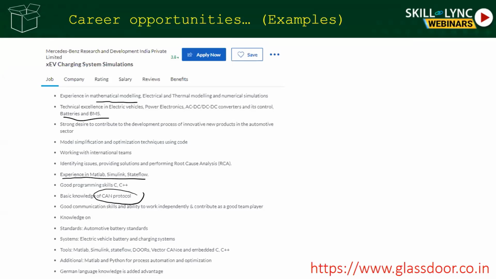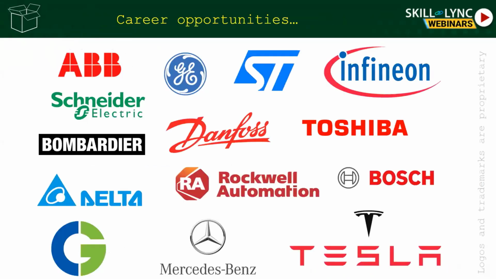So an electric vehicle is a perfect example where all kinds of branches intermingle, and the application of power electronics shows how communication and computer science are heavily involved. If you just browse through a number of such opportunities, you will find that there are a number of companies which are doing exclusively power electronics based products, right?